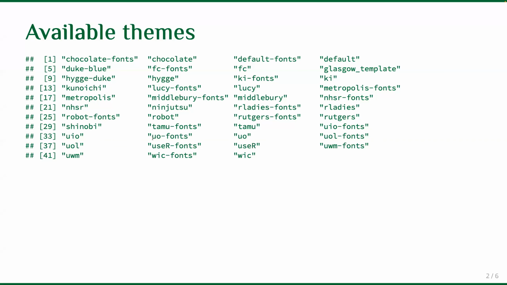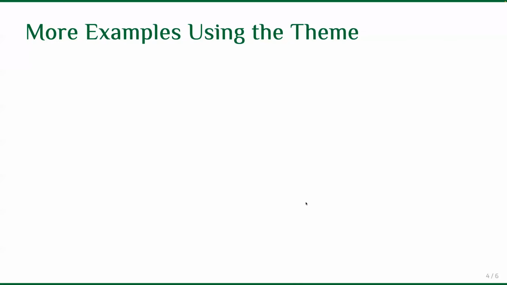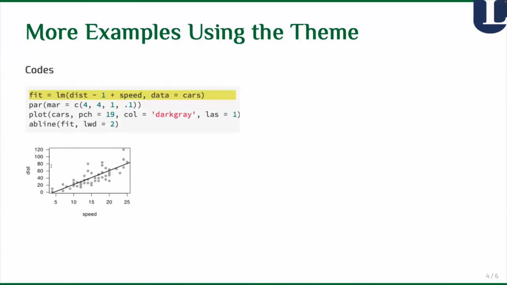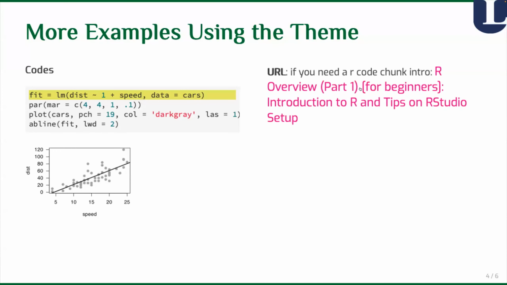And this one is called UO fonts and UO. So the main texts are a little bit dark purple, while the output of the code are green. And also a section title, the background are green. More example, logo, codes, URL, and it gets larger.